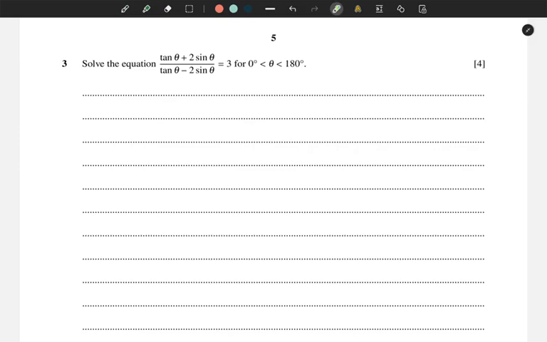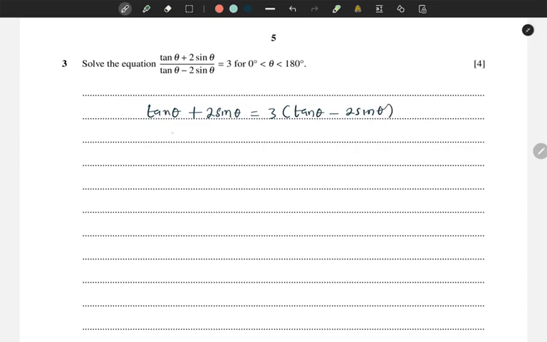First thing to do is to cross multiply. We multiply both sides by tan theta minus 2 sin theta, so the equation becomes tan theta plus 2 sin theta equals 3 in brackets of tan theta minus 2 sin theta.